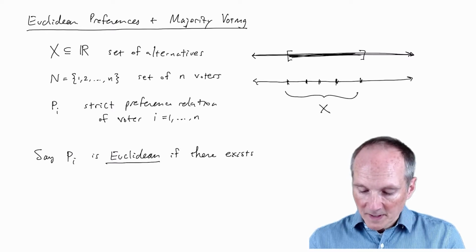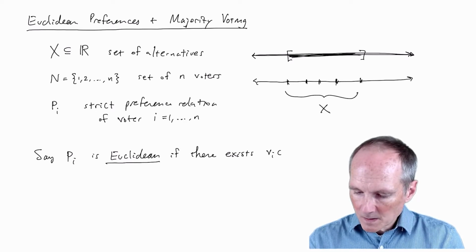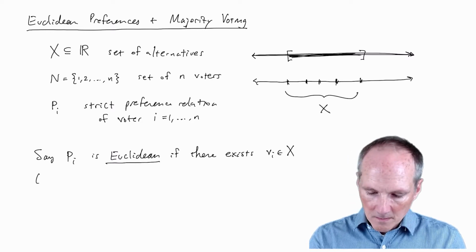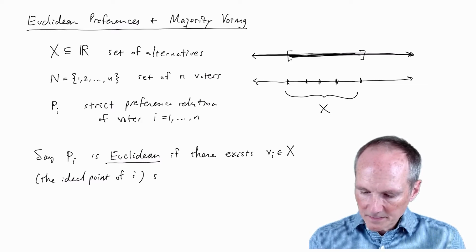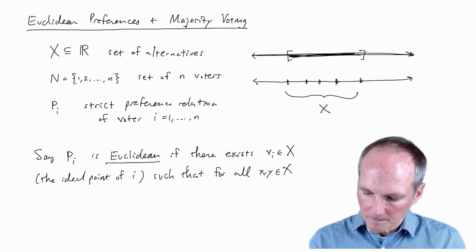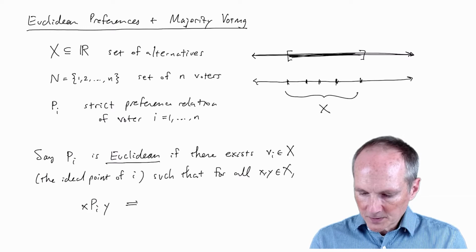So the way we formalize that mathematically is we say P_i is Euclidean if there exists an ideal point v_i such that for any pair of alternatives, the voter just prefers the alternative that's closer to that ideal point.